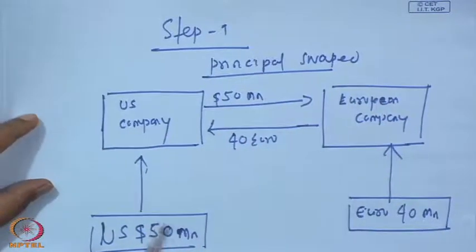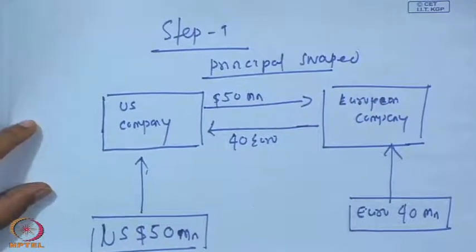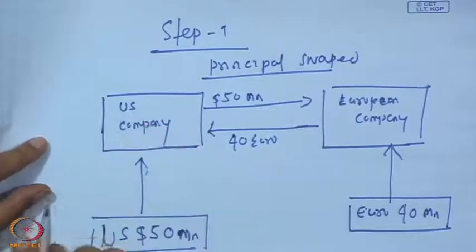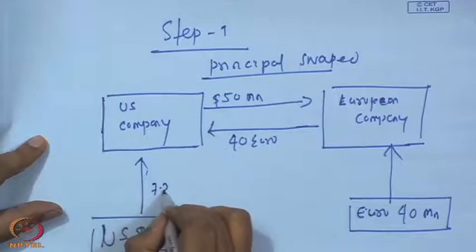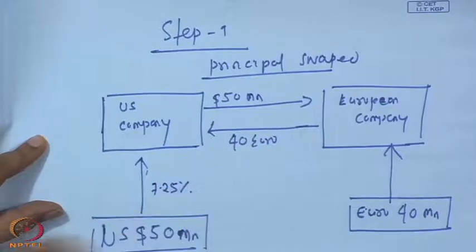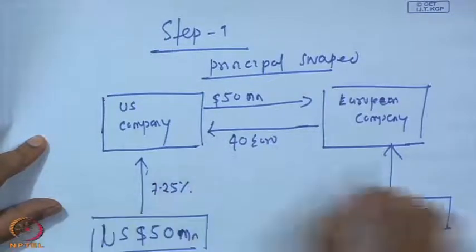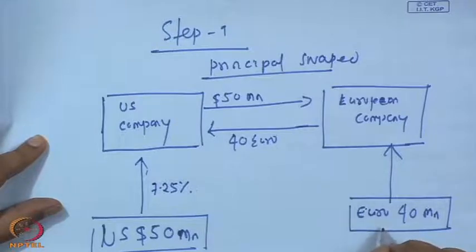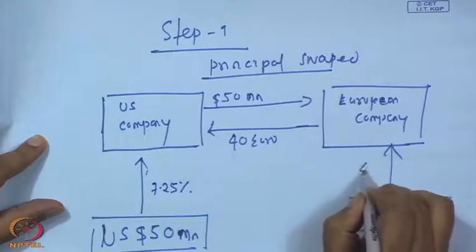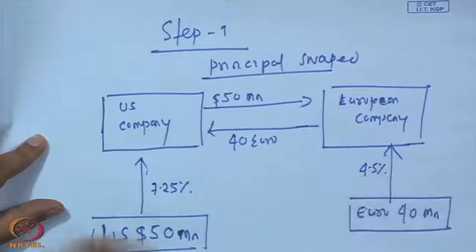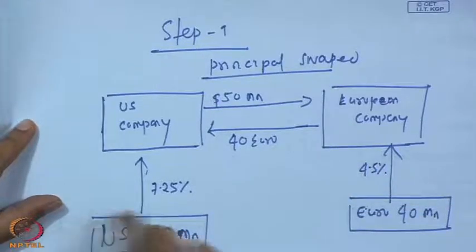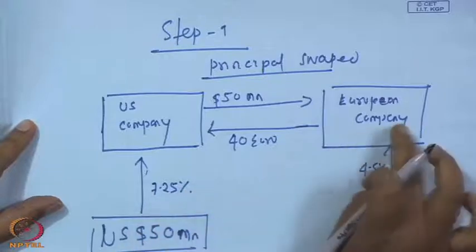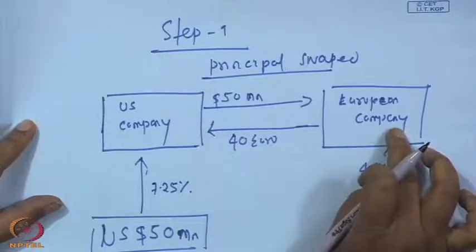Now, the US company is raising 50 million US dollar at 7.25%, and the European company is raising euro 40 million at 4.5% interest rate. In the second transaction, who will pay the US dollar interest? The European company, because they have got the US dollar.